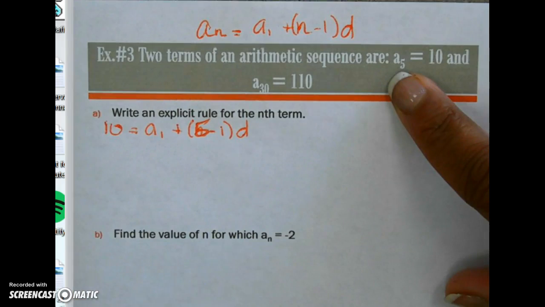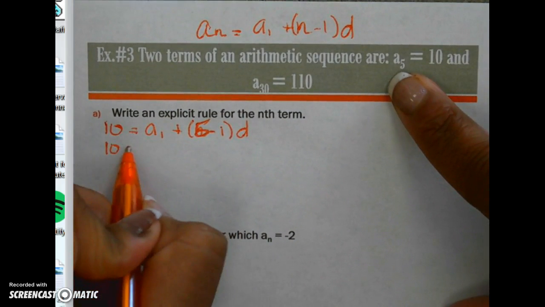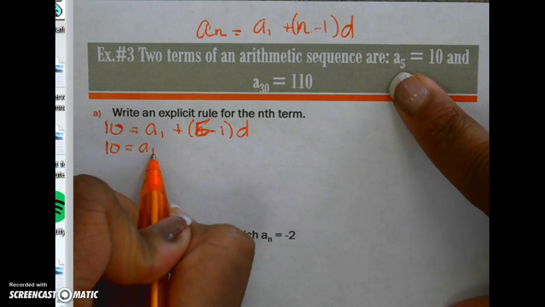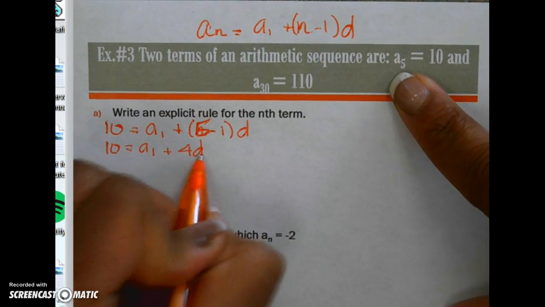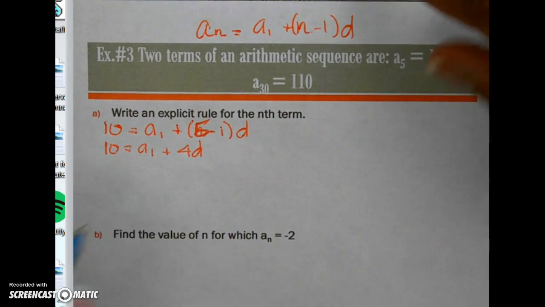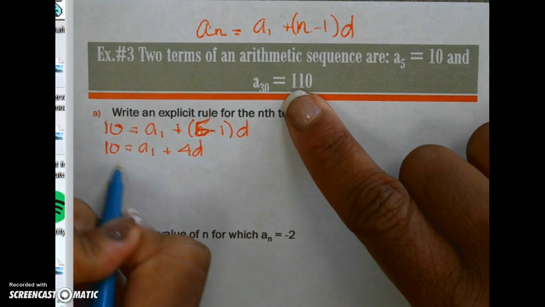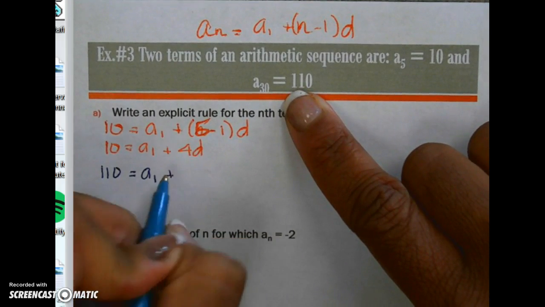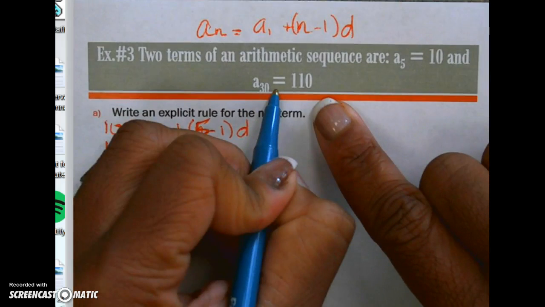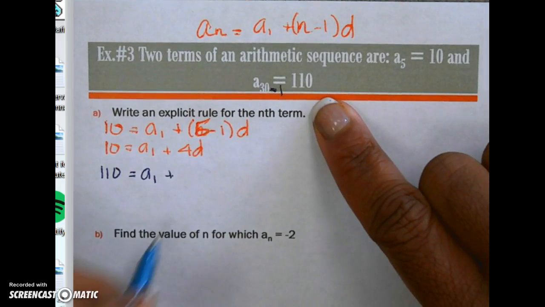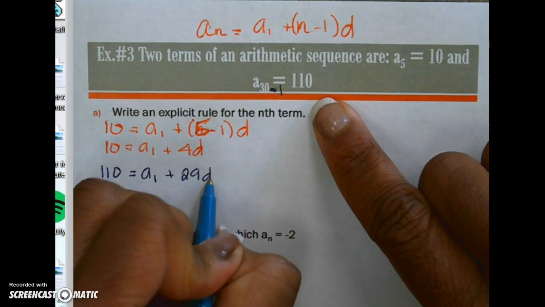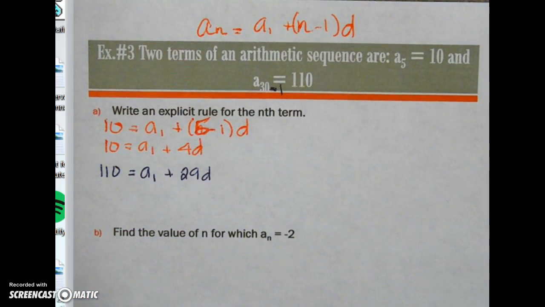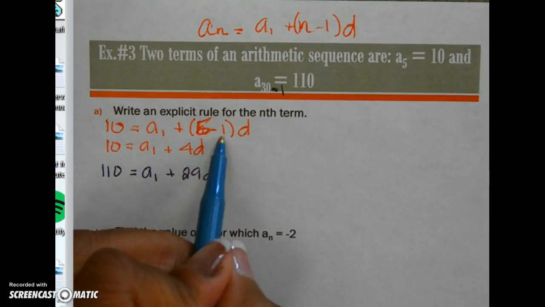So this is 10 equals a sub 1 plus 4d. Do the same thing with this term. So this would be 110 equals a sub 1 plus, well, we know it's n minus 1, so 30 minus 1, 29 times d. You have 2 variables and you have 2 equations.